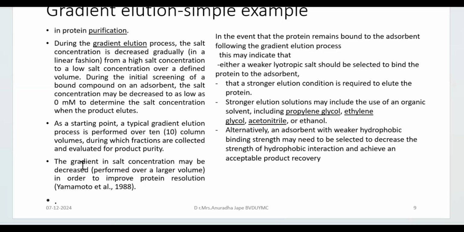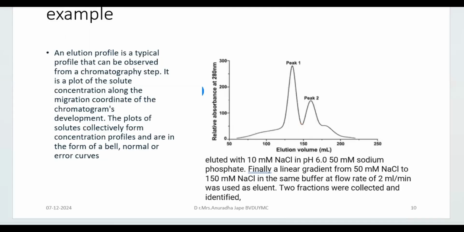So if your mobile phase is selected in such a way that its interaction with the analyte is stronger, the analyte will come down the column, elute from the column easily. Now here is just to get you an idea, how do we get to know whether that process is adequate or not?